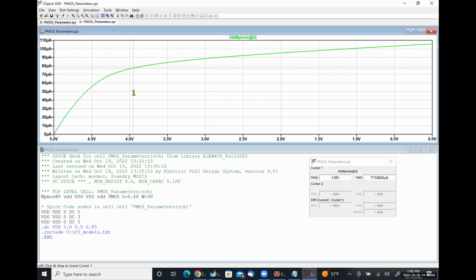VSD is going to be 5 volts, and let's say that our drain voltage is at 4 volts, so that we're way out over here. So about 100 microamps.